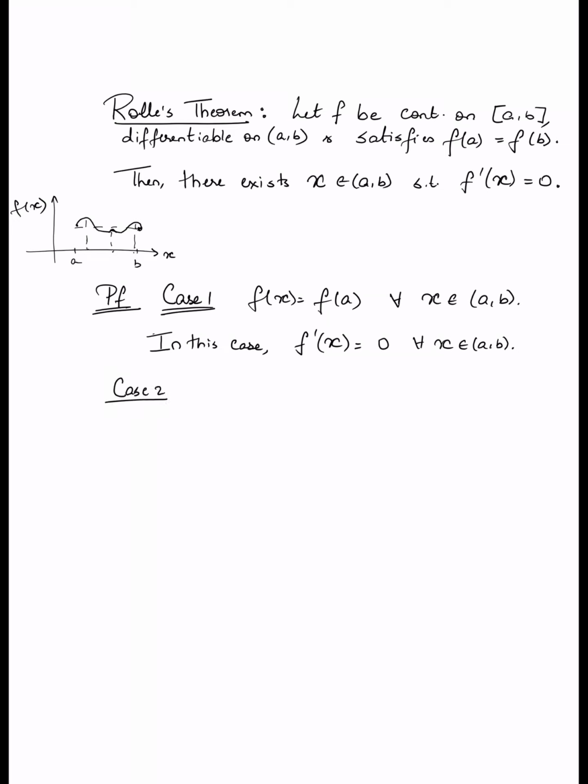The non-trivial case is that this is not in fact the case. That is, f is not identically equal to f of a for all x in the interval from a to b. Okay, in this case, one can argue that f must attain either a maximum or minimum between a and b. So case 2 is just the opposite of case 1, so I won't write it again.